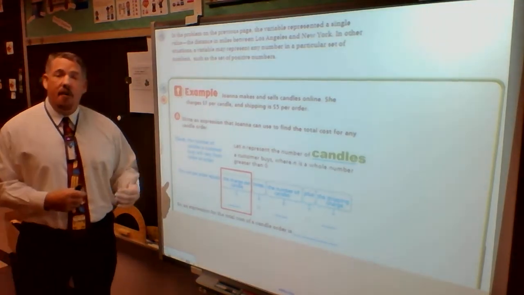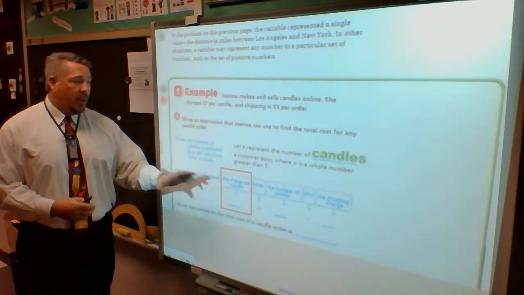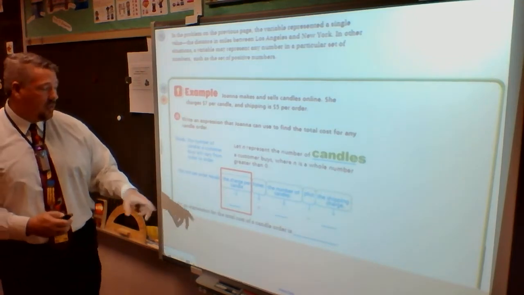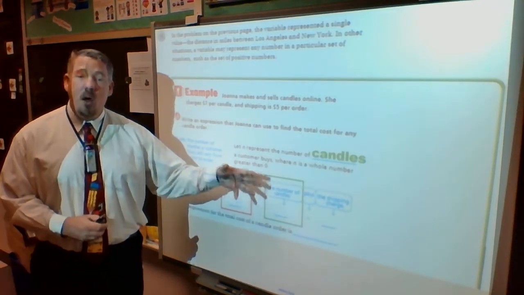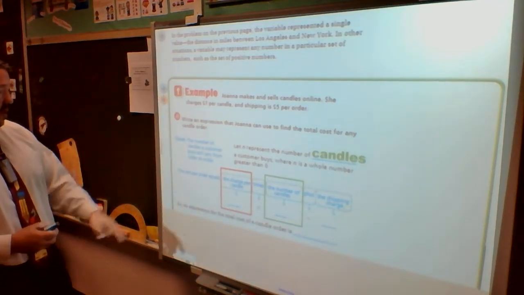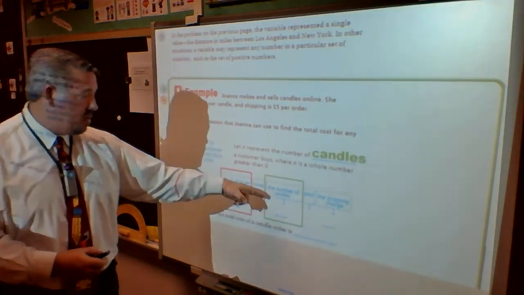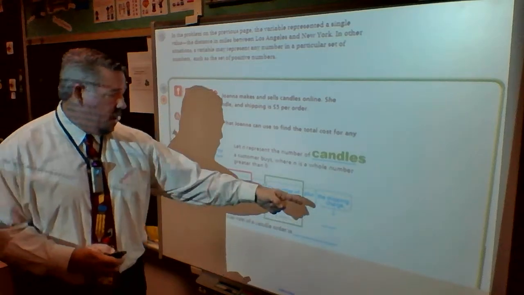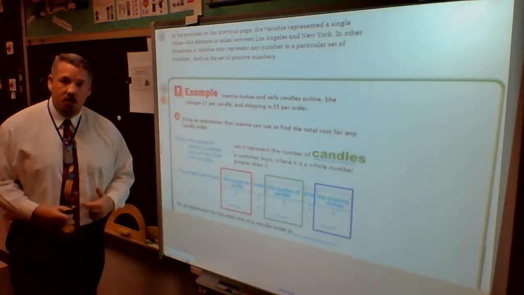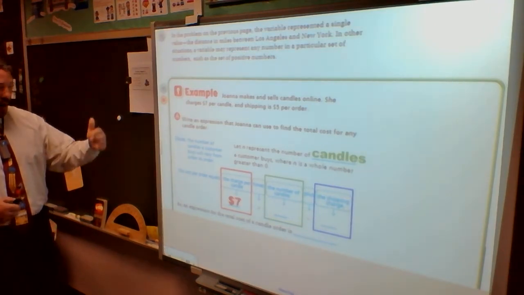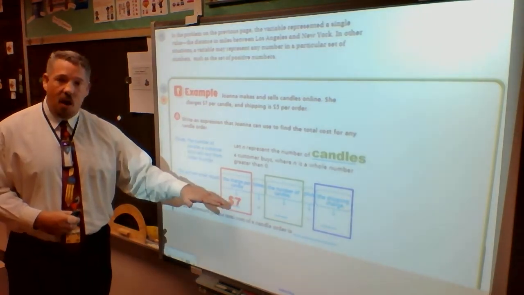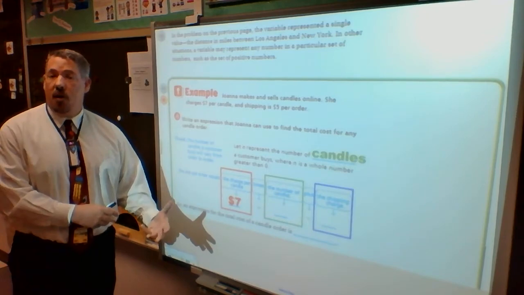So we're going to have 3 different terms in this expression. I'm going to have my candles, how much it costs, and the number of candles. And then I'm going to have my shipping charge. So when I begin to build my expression, I know I'm charging $7 per candle that I sell.